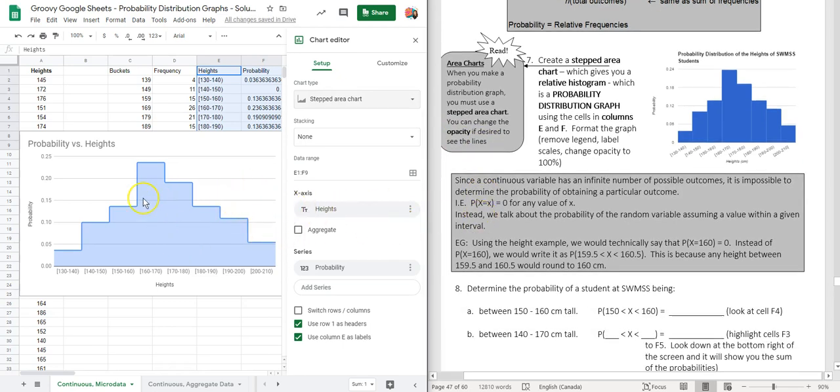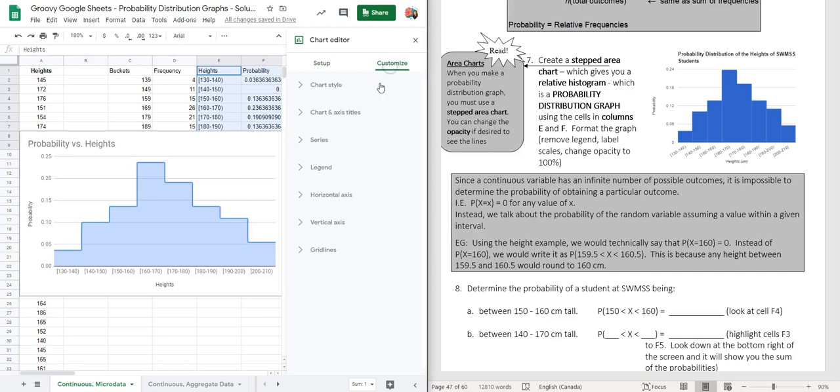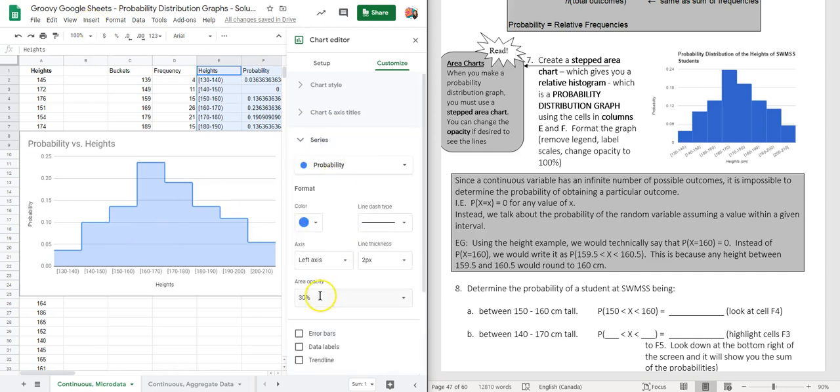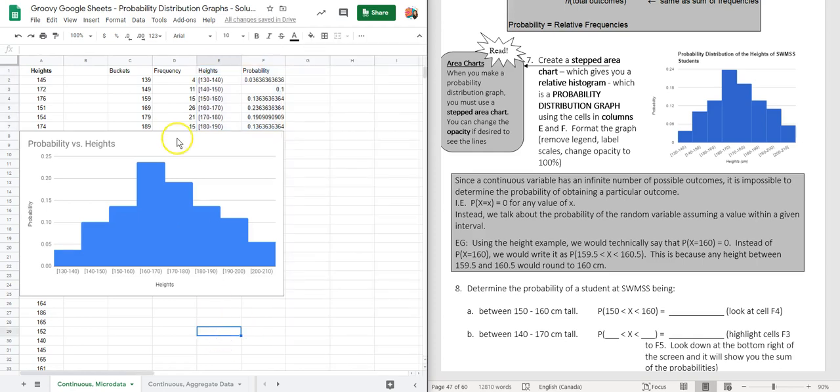And you could go back to how to format it in the histograms worksheet, but pretty much the only thing you're going to have to change is we're just going to darken this up a bit. So under series, we're just going to change that to 100, and it just darkens it up a bit.